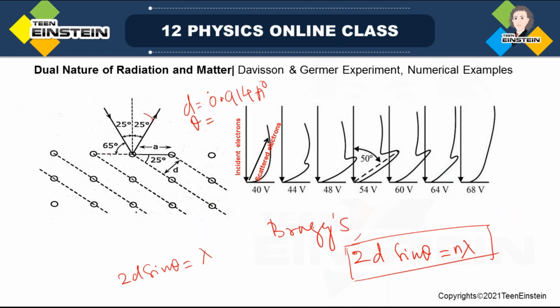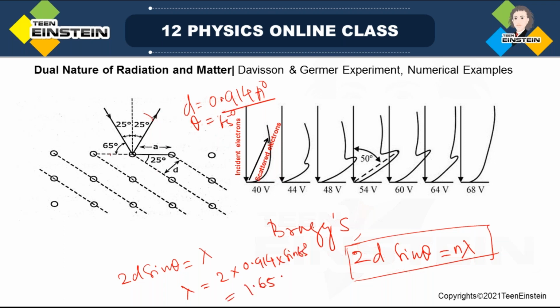Now if we put 2d, where d is this one in angstrom, and theta as 65 degree, then if we do the calculation, lambda will be 2 into 0.914 angstrom into sine 65 degree.